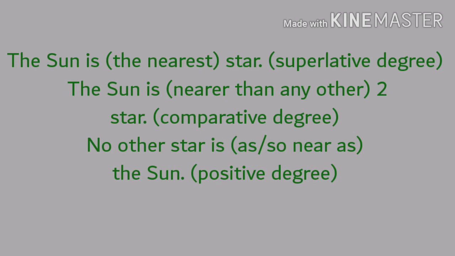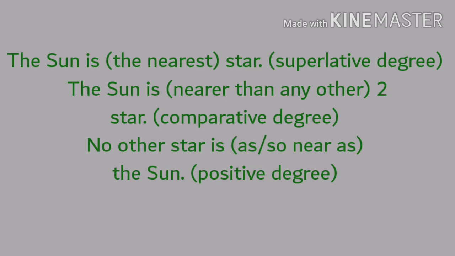So no other star is the subject. And now we have to borrow the verb from the superlative or comparative degree, that is. So no other star is. And then we have to write the positive degree of the word, and the positive degree should be written in between as, or so as.